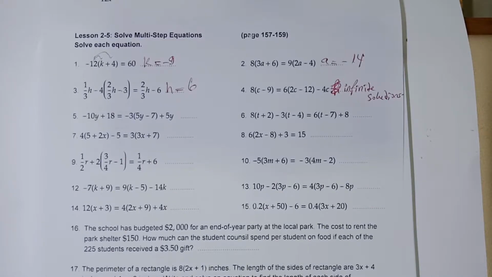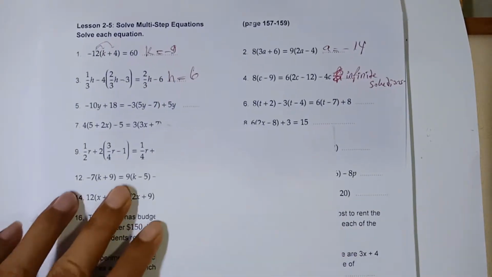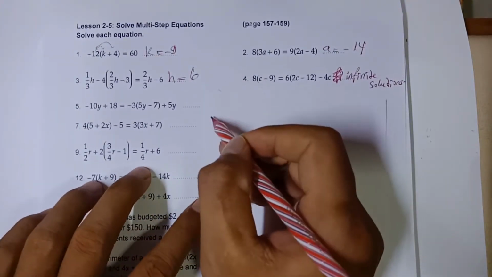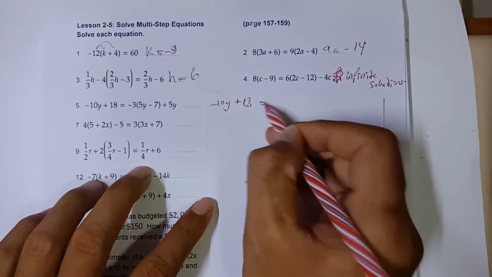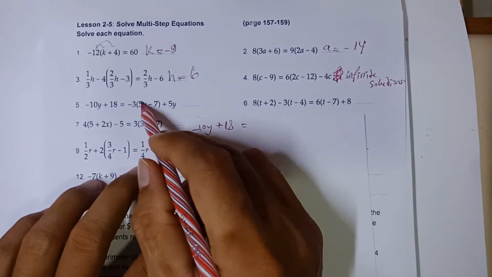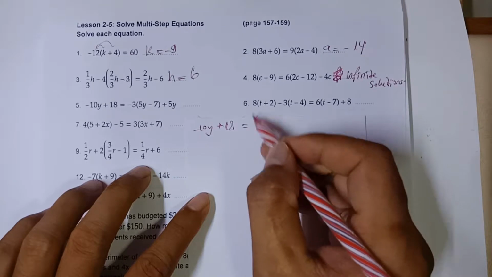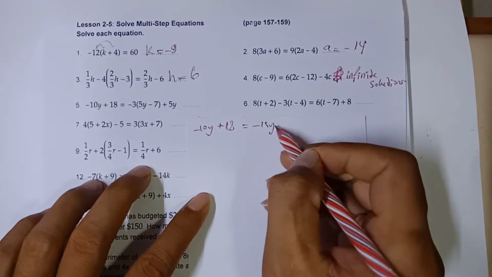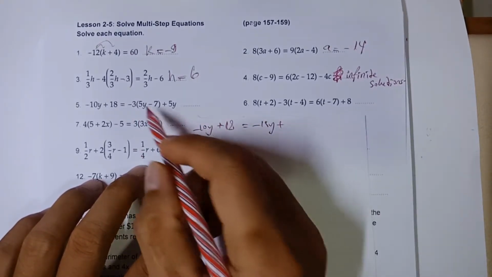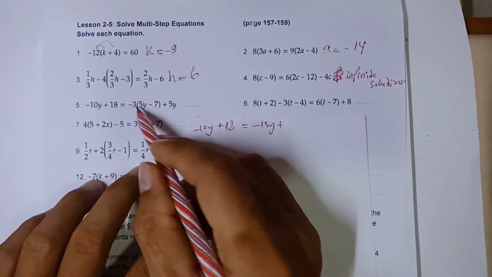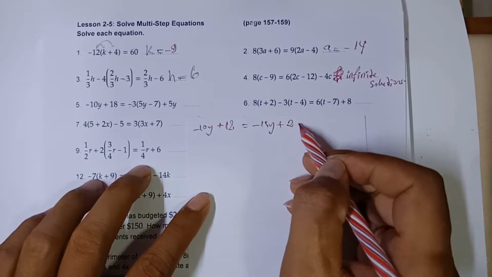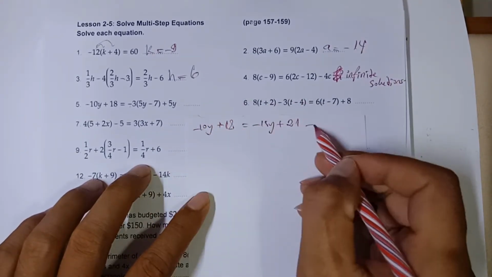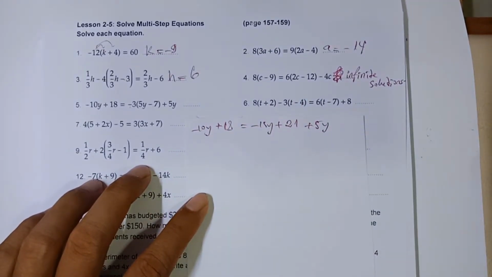Now on number 5. Number 5, you have negative 10y plus 18 equal to 3 times negative 5y, you have negative 15y, and then positive, because negative times negative is positive, 3 times 7, which is 21, and then you plus 5y.